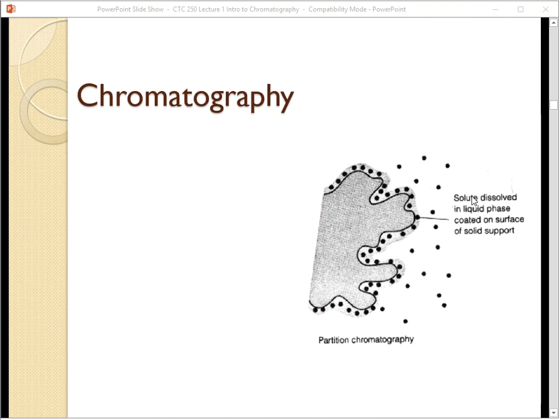The solute, which is what you're trying to separate from each other, dissolves in a liquid phase that is coated on the surface of a solid support. So that basically means that this is the stationary phase particle here, and that stationary phase particle on its surface has this jelly-like material that's all over the surface of it. And that jelly-like material is what captures the molecules as they go through.